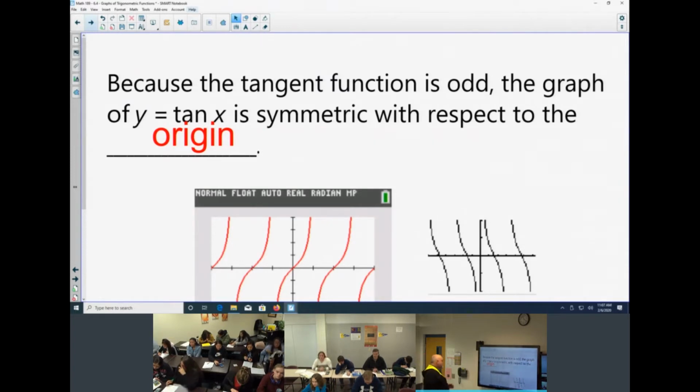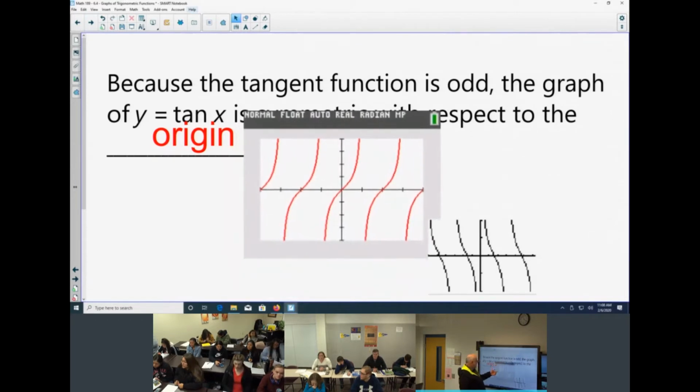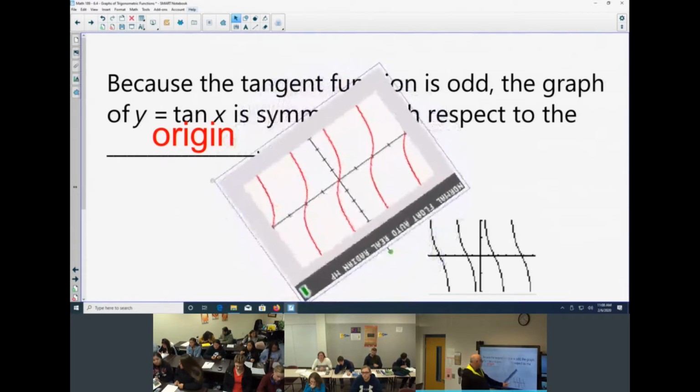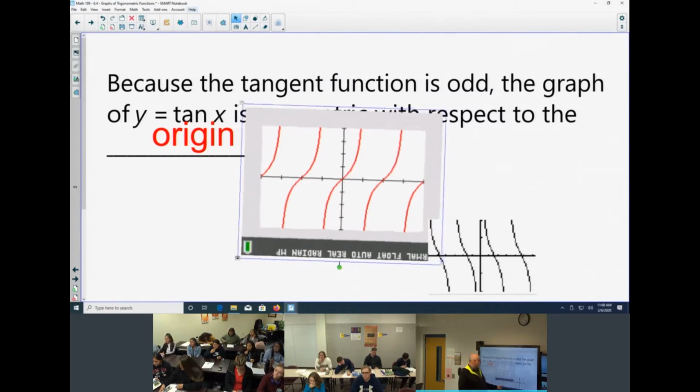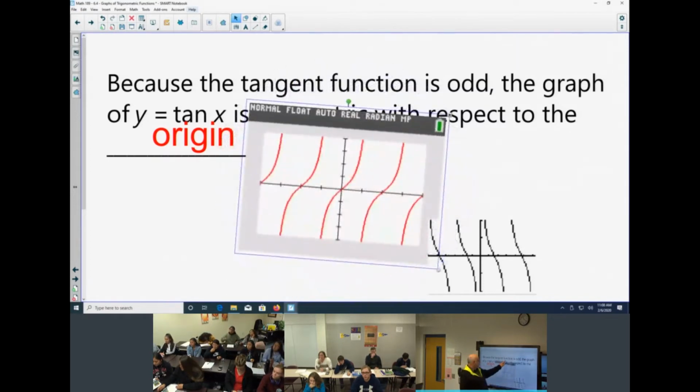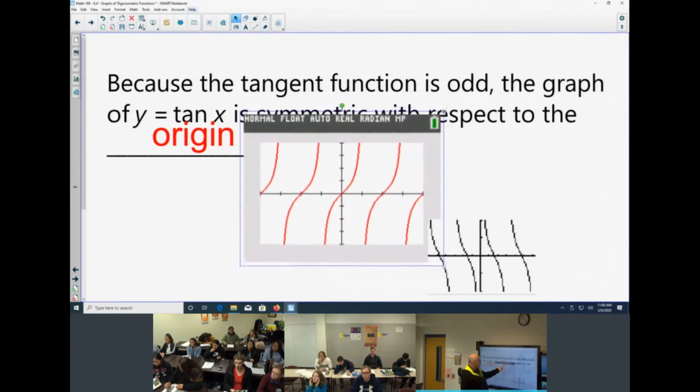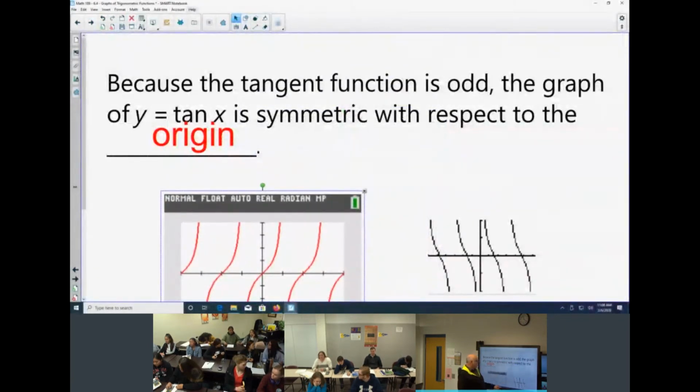Now, remember, for odd functions, the way that you tell it graphically, if you have the tangent function put in your calculator like that, then if you actually turn your calculator upside down, you'll have the same graph. And so that's evidence of an odd function. It's symmetric through the origin. And so it's going to be the same if upside down. Now see, here's the cotangent.